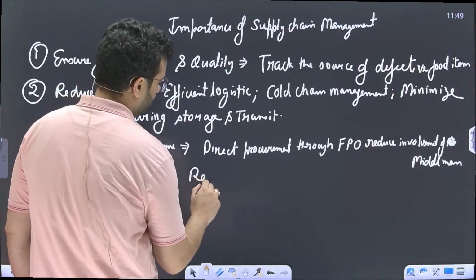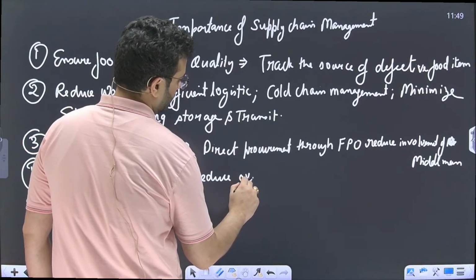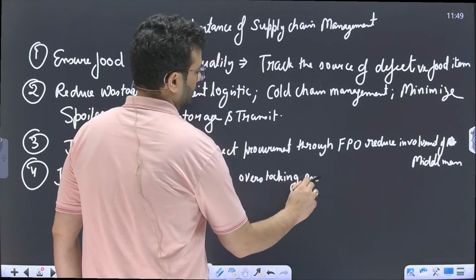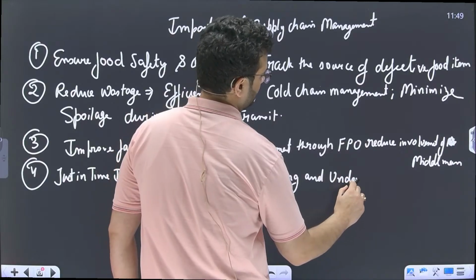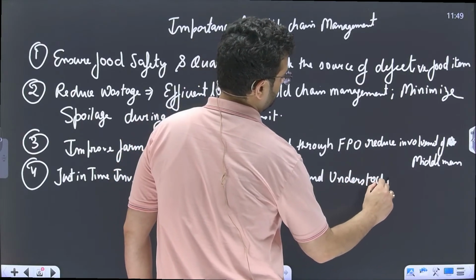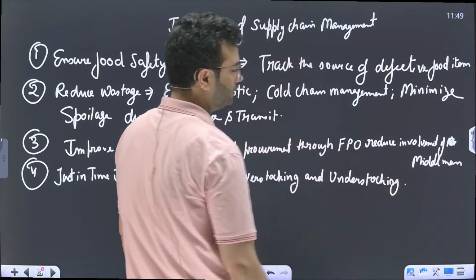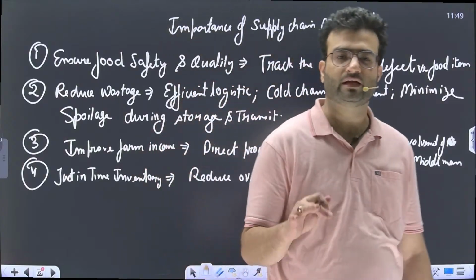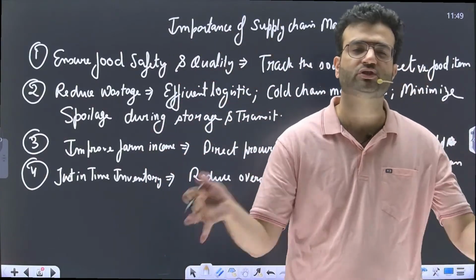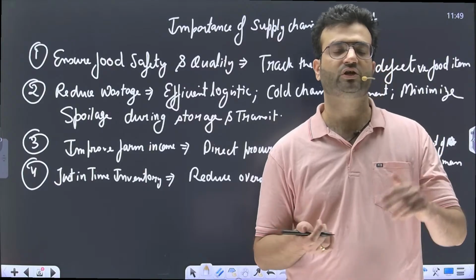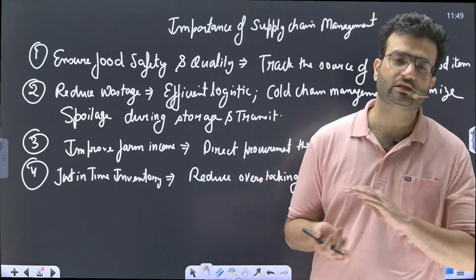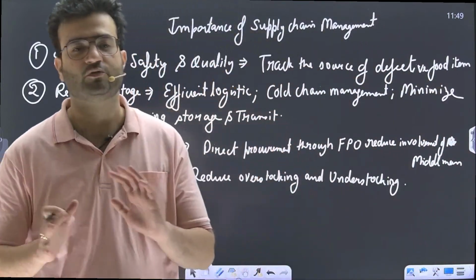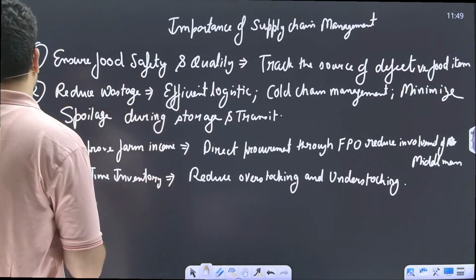Reduce overstocking and understocking. That means it should not be that you are keeping so much material with yourself, which means your inventory management is not proper. Understocking is also a dangerous situation, because in that case, if there is a huge demand, you are not able to fulfill that. So just in time inventory should be maintained.